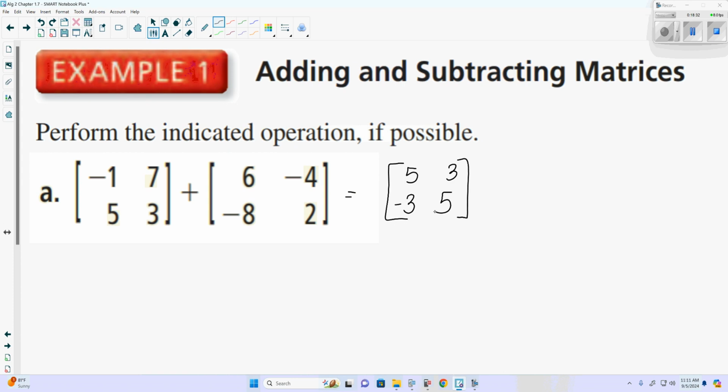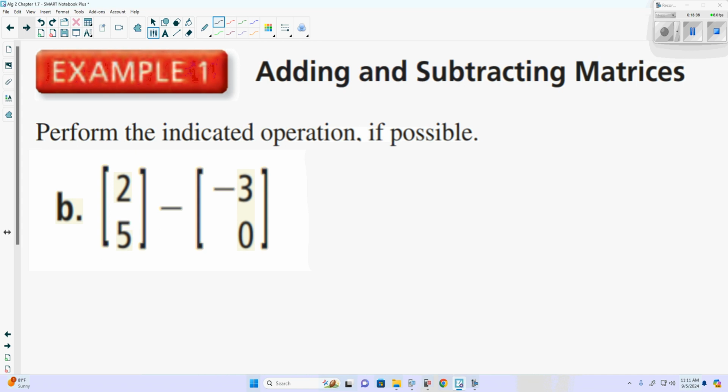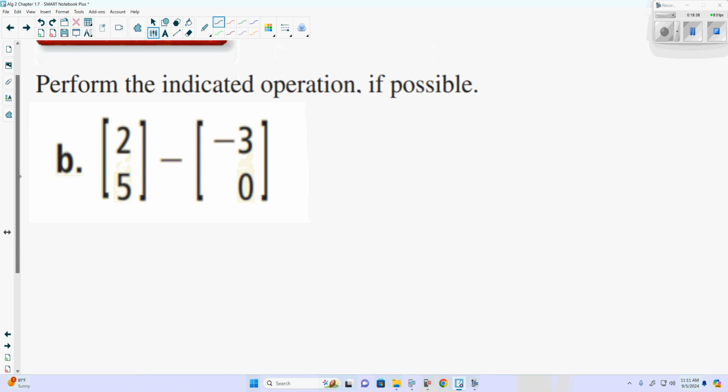So sometimes it's easier just to work it out. Like the next one here, 2 minus negative 3. Our negative would make a plus. So 2 plus 3 is 5. 5 minus 0 is 5. That's it.